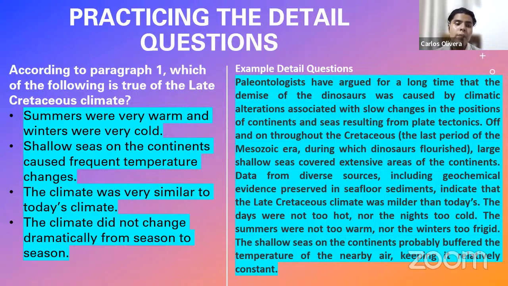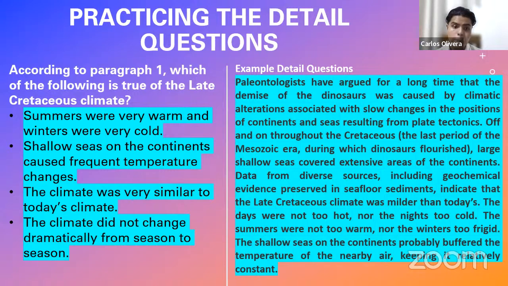For example, the first one, summers were very warm and winters very cold. And if you read the paragraph, I think it's very noticeable that it's actually the contrary, right? It says that summers were not very warm, and the winters not very frigid. So it's just absurd. The second one as well, shallow seas on the continents cause frequent temperature changes, right?